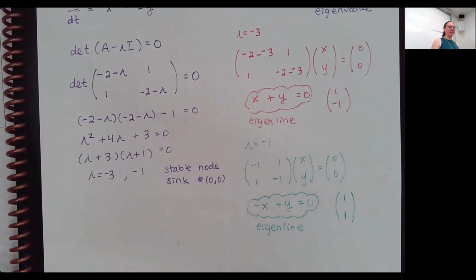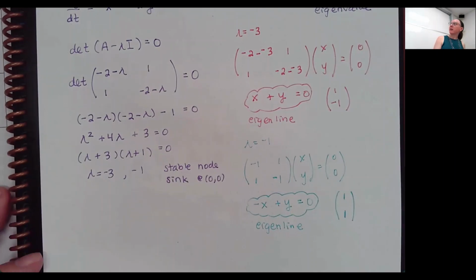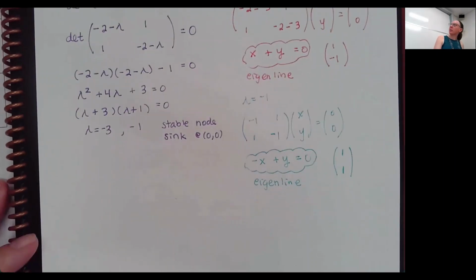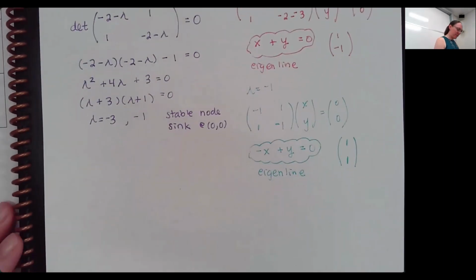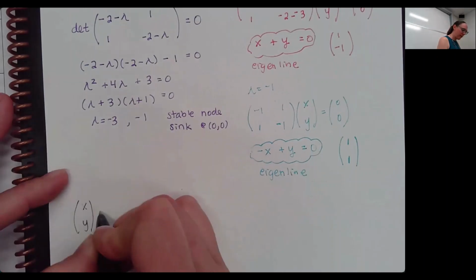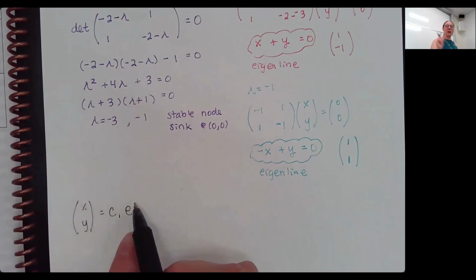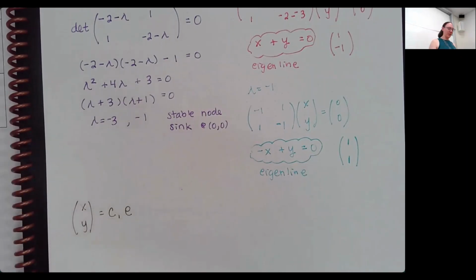Now I'm ready to write the general solution. Once I have my eigenvalues and eigenvectors, then my general solution always takes the same form. C1 e to the lambda1 t times v1 plus C2 e to the lambda2 t times v2, and it doesn't matter which lambda you put first.